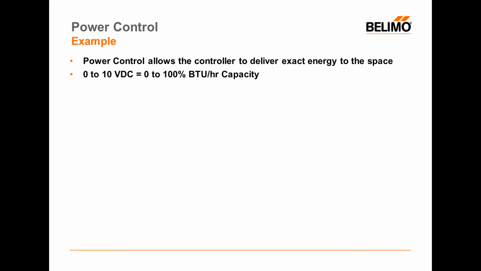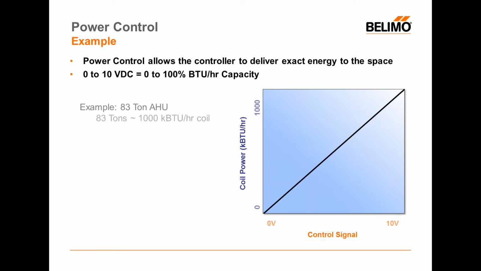So if we do an example of how power control would work, we'll say that we have 83 tons of air handler, because that happens to work out to 1,000 kBTU per hour. So I have coil power in the range from 0 to 1,000 kBTU per hour, and I have a control signal from 0 to 10.